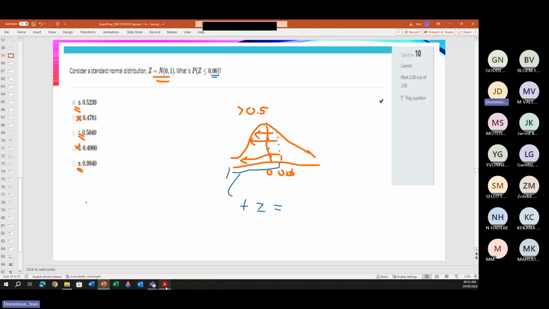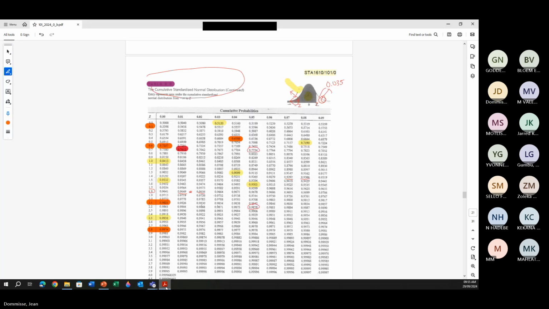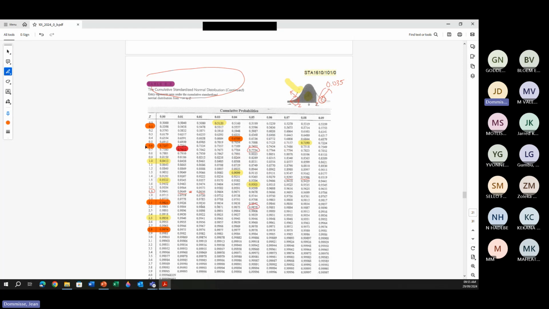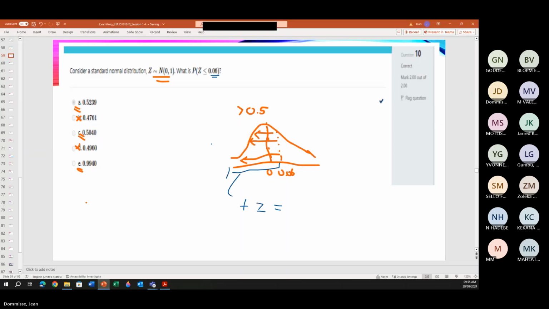Okay, luckily there wasn't one for 0.6. So 0.0, 0.06: 0.5239.